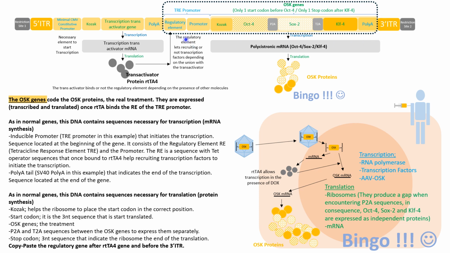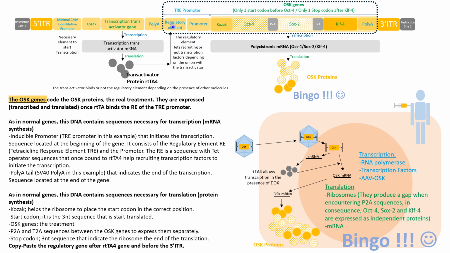Okay, so in order to have a tight control over the production of the OS proteins, we need an inducible promoter, a promoter that is preceded by a regulatory element. Remember, for transcription, promoter and poly-A, and this promoter is a little bit special.